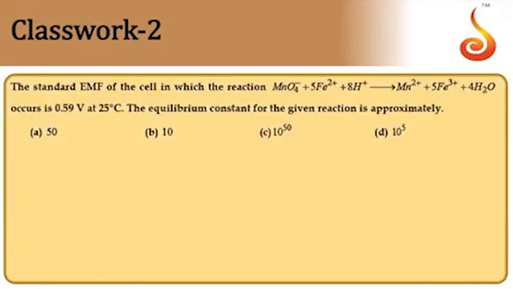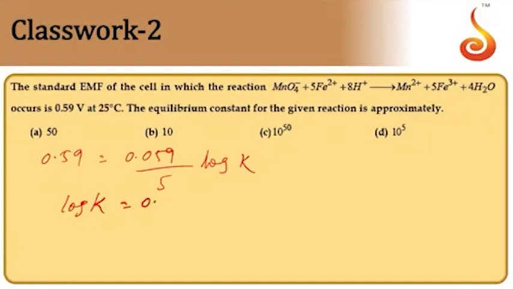So 0.59 is equal to 0.059 by n, with n equal to 5 here, into log K. Therefore, log K will be equal to 0.59 into 5 by 0.059.